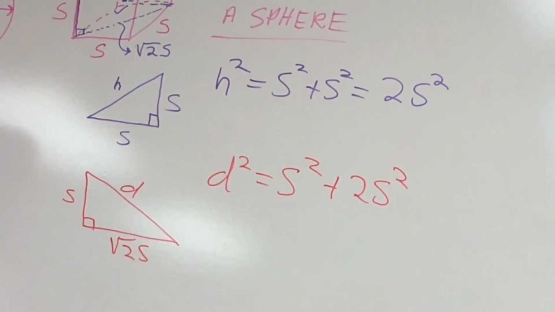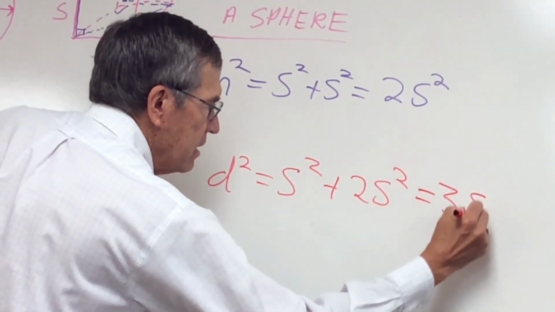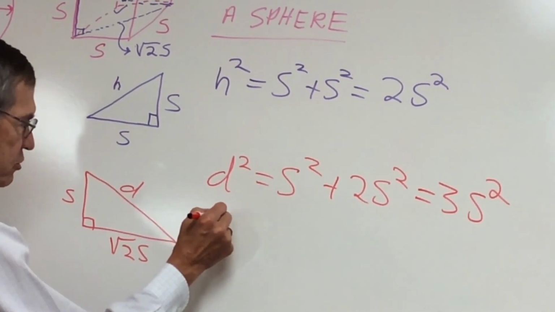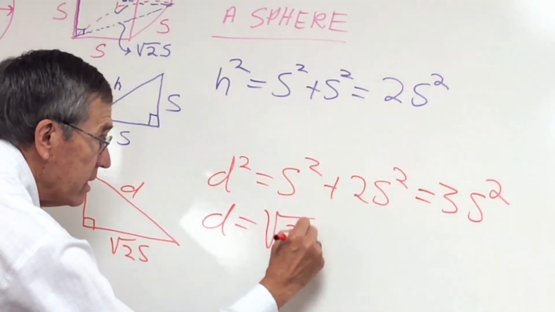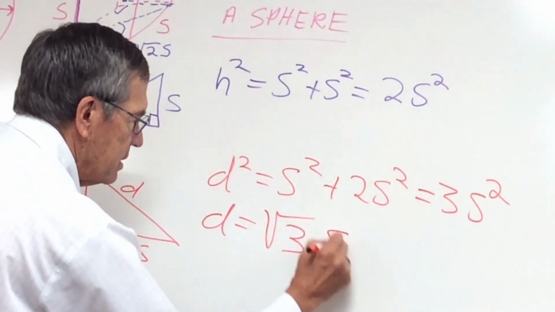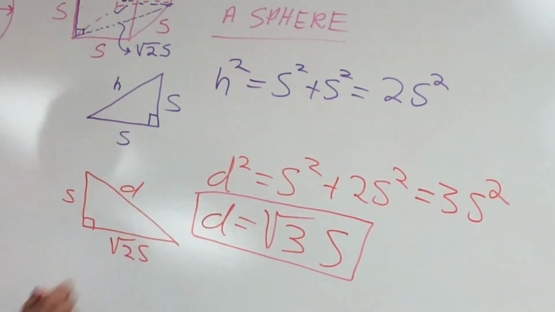D squared is equal to 3s squared. Okay? So what would D be? D would be the square root of that. So it would be the square root of 3, okay, s. Okay? So the square root of 3s.